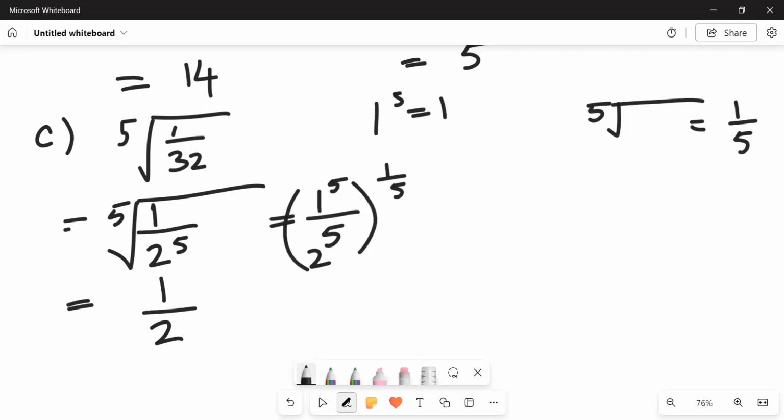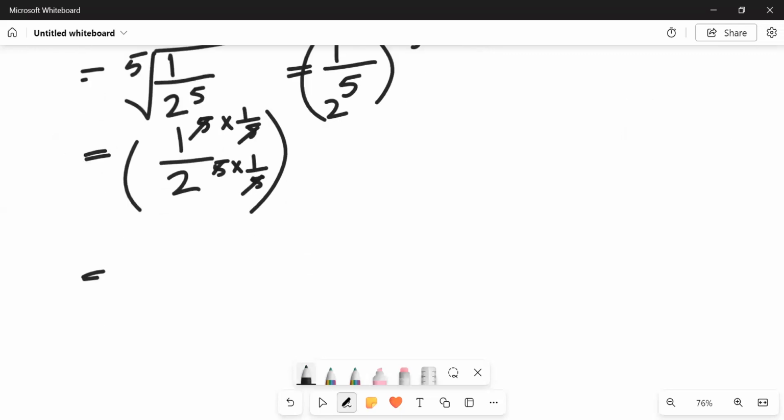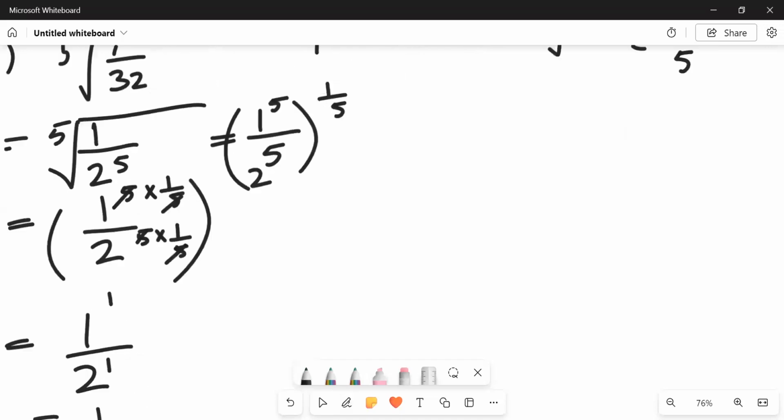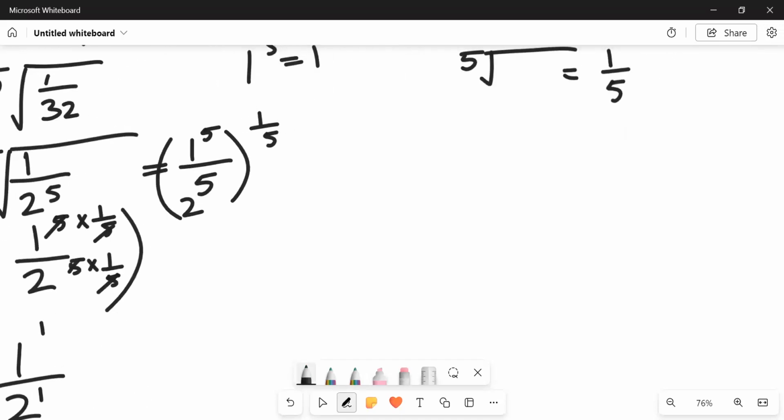Okay, now the second step: we multiply the powers, so these powers are multiplied. This can be cancelled out. So what is the power of 1 now? It is 1, and the power of 2 is 1. So it will be 1 over 2. Got it now?